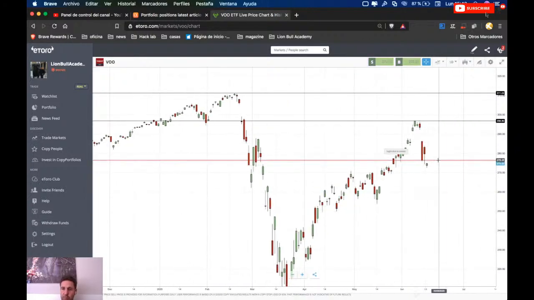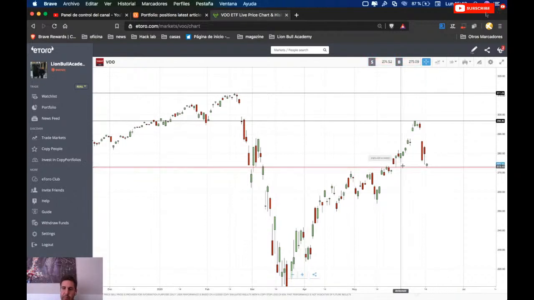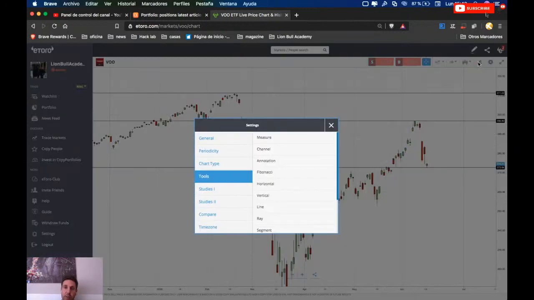Okay, VOO is in an interesting place really. We have a really nice correction. Let's check in which position we are in the Fibonacci.